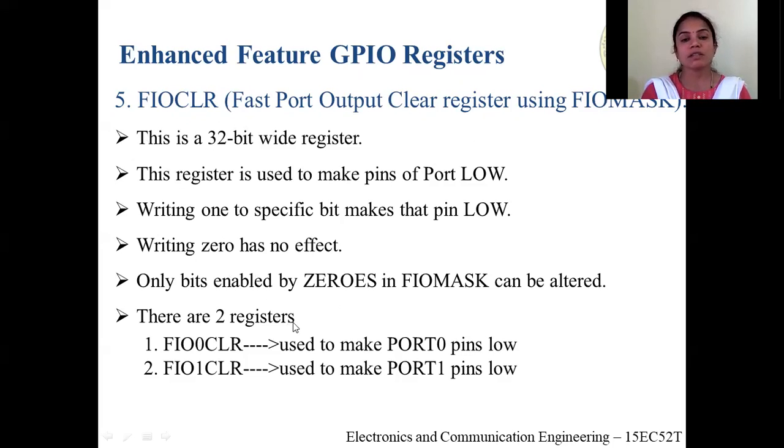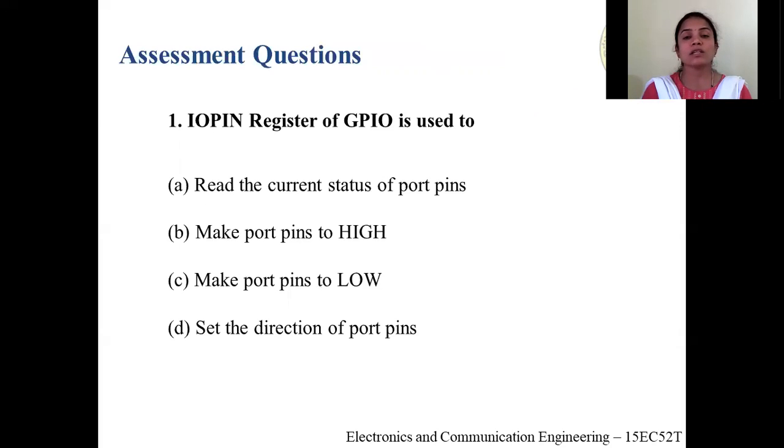There are two registers, FIO0CLR and FIO1CLR. FIO0CLR is used to make port 0 pins low and FIO1CLR is used to make port 1 pins low. So this is all about the registers of GPIO. There are the legacy group of registers and the enhanced feature registers.